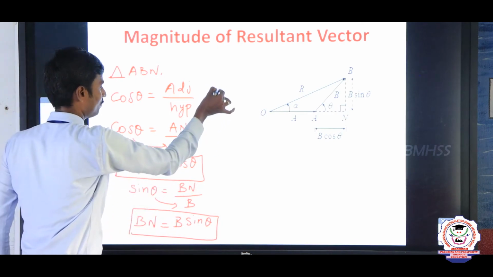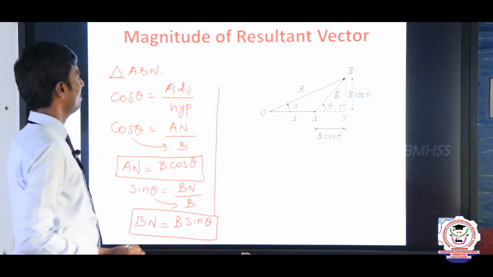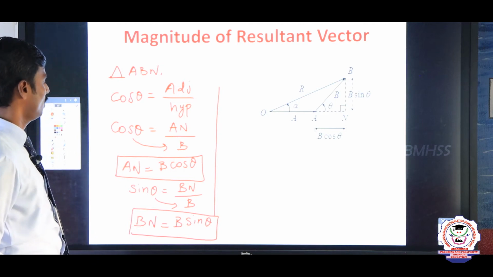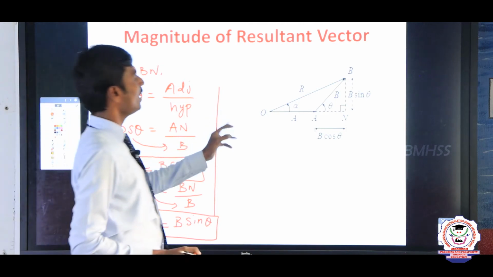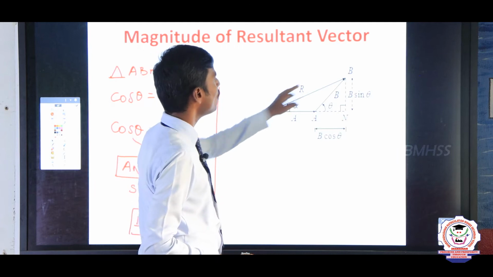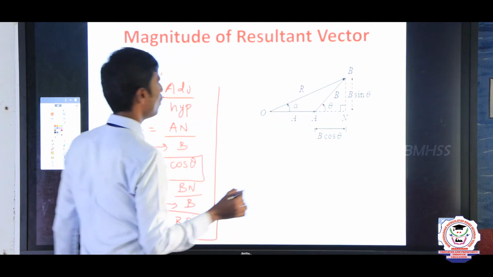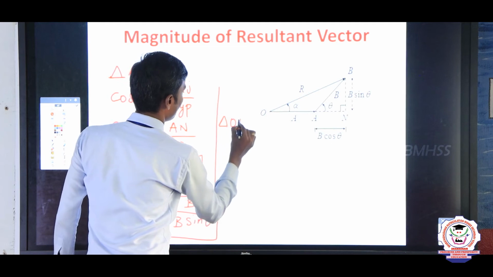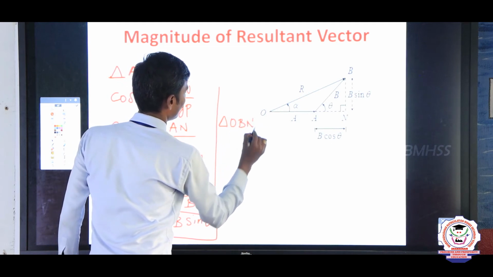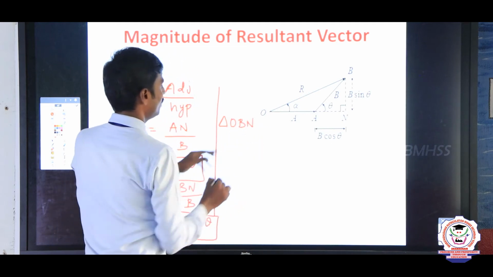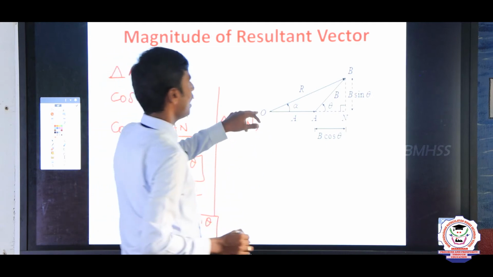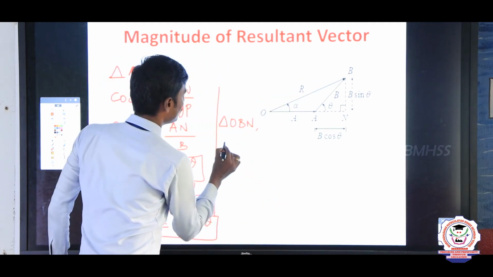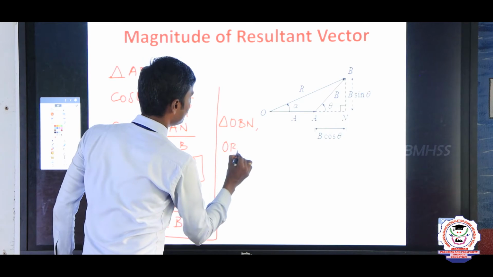See here, the next one is in right angle triangle OBN. Take triangle OBN.